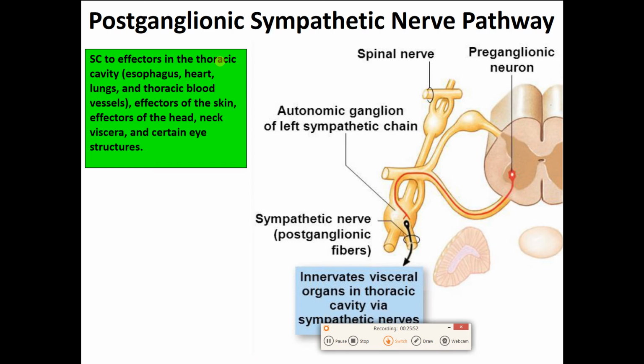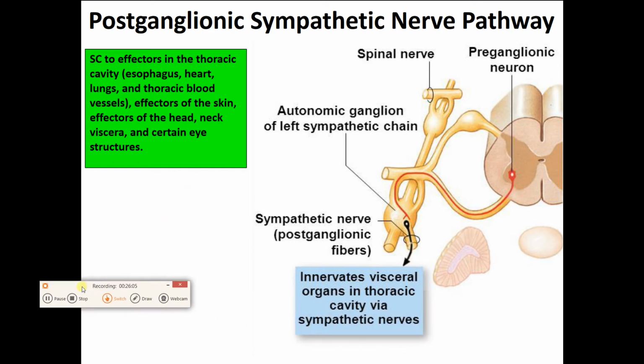Plus how we get into effectors of the skin in the head, plus organs in your neck, and even structures in your eye. So in this case, we're going to begin again in the lateral horn of the cord. Remember, T1 to L2, lateral horn of the cord, out the ventral root, into a spinal nerve, onward to a ventral ramus, into that ganglion.